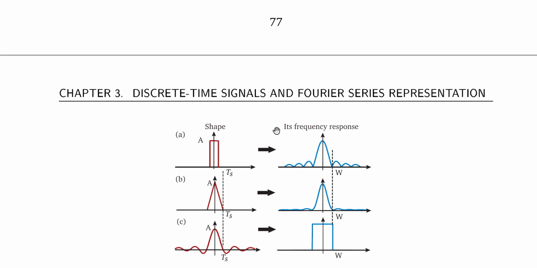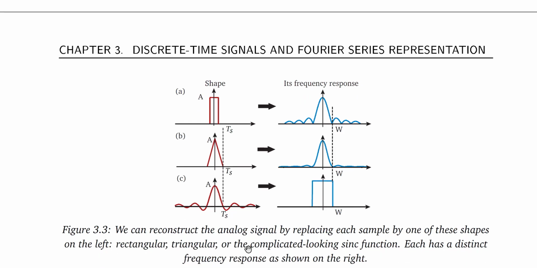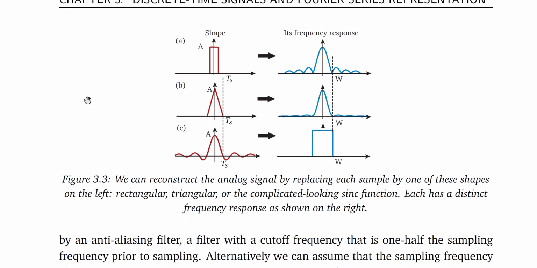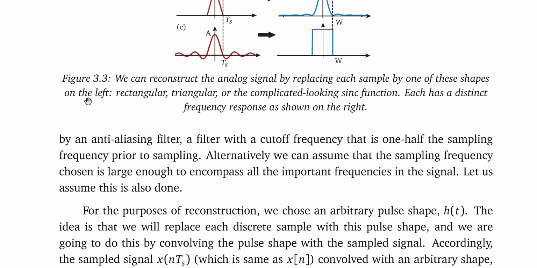We replace each sample with a shape. So here are some choices. This is a rectangular shape, this is a triangle, and this is the Sinc function. There are many others, but these three basically fit the bill. They cover the gamut of what's out there.